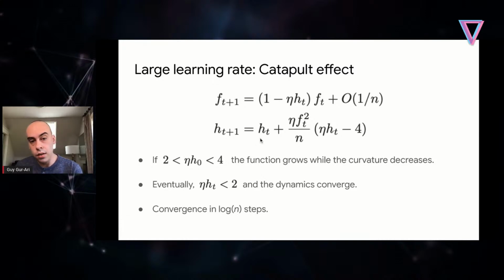So in this window of learning rates, the function is going to be blowing up during training, but the curvature is going to go down. Once the curvature is small enough, this term is not going to lead to an explosion anymore. It's actually going to become smaller than 1 in absolute value, and it's going to cause the function to converge.